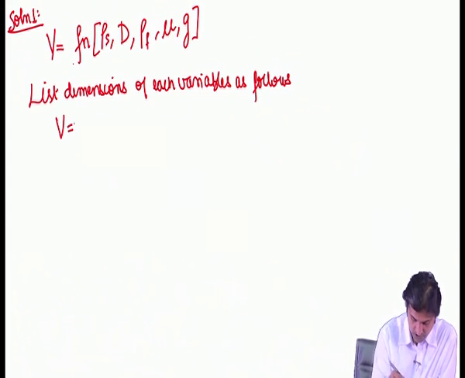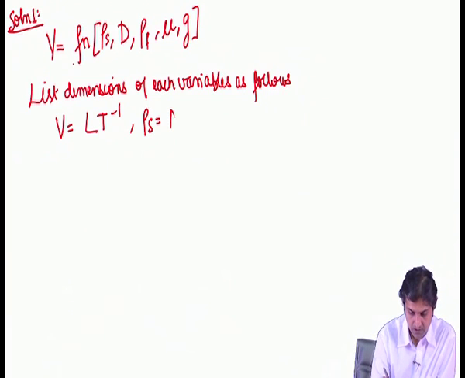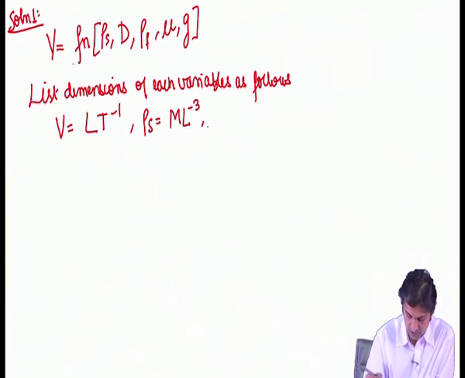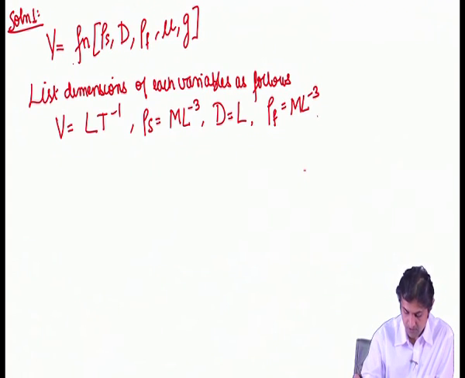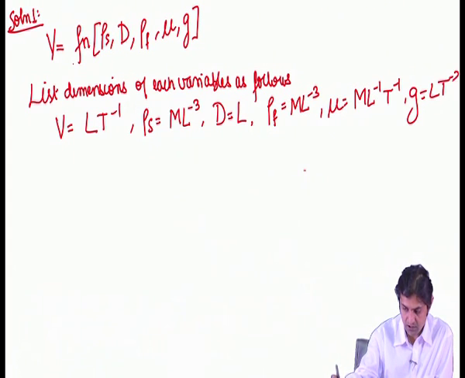So, V is written as LT^-1, rho s will be written as ML^-3. I will do it very slowly so that you are able to follow. Diameter has a dimension of L, rho f will have the same dimension as ML^-3, mu will have the dimension of ML^-1 T^-1, and g will have LT^-2.